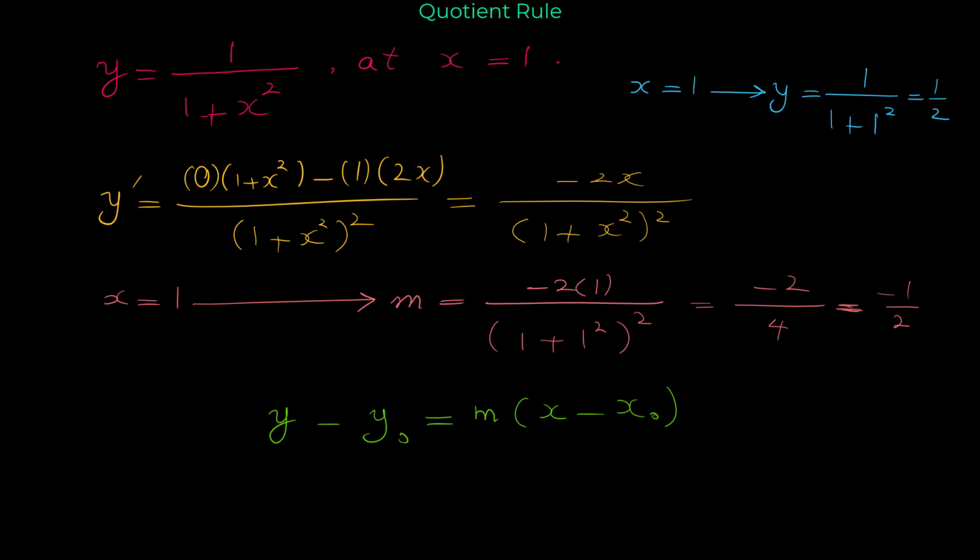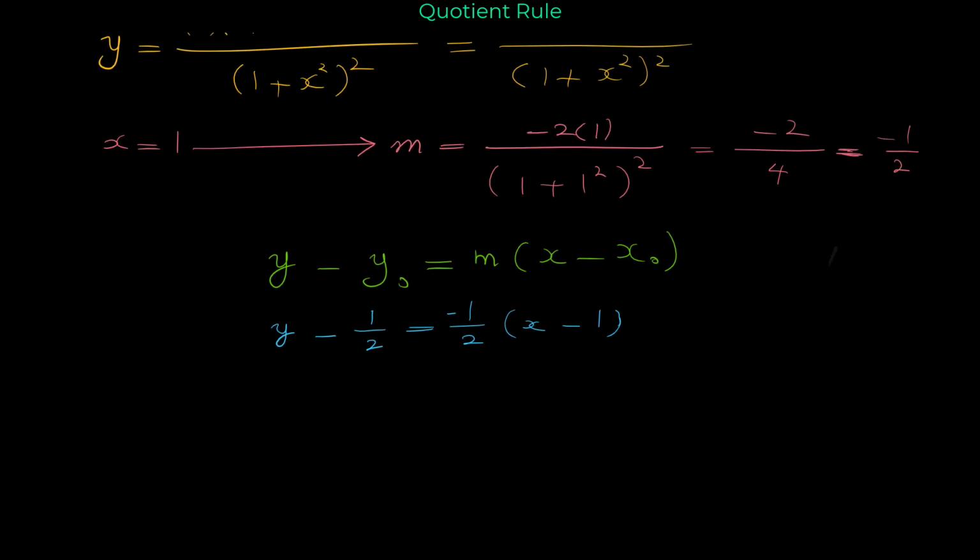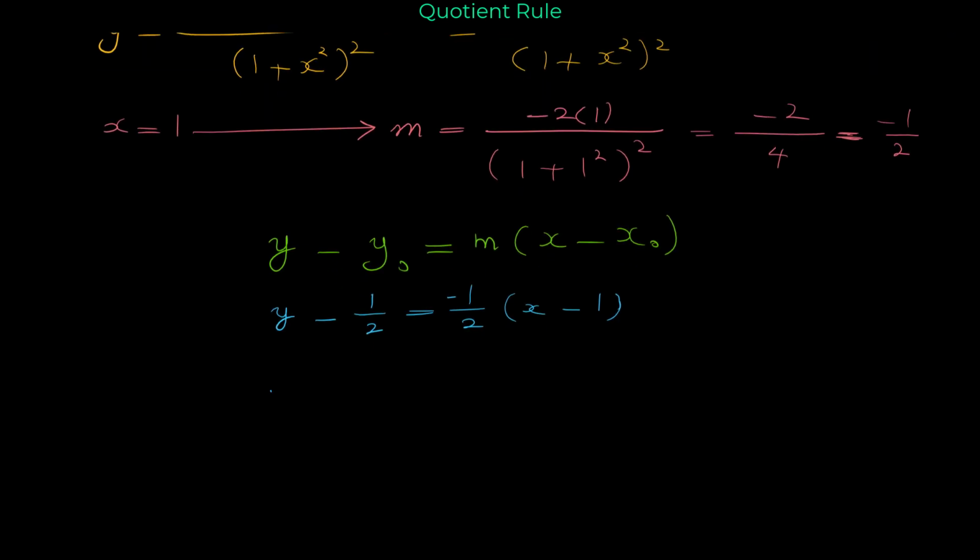The equation of the tangent line would be y minus 1/2, a slope negative 1/2 times x minus 1. This is the equation of the tangent line at that given point. If you want, of course, you can simplify this and you can rewrite your answer as this: y minus 1/2.